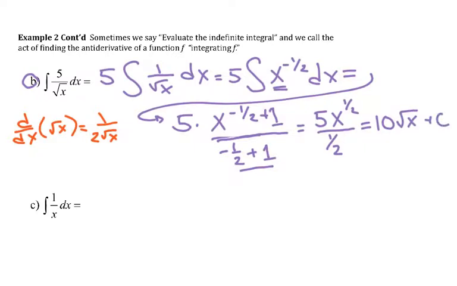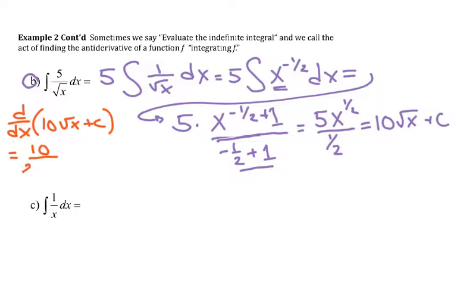How do I know if that's correct? Well, let's check. What is the derivative of that? Well, that would be 10 over 2 times the square root of x.